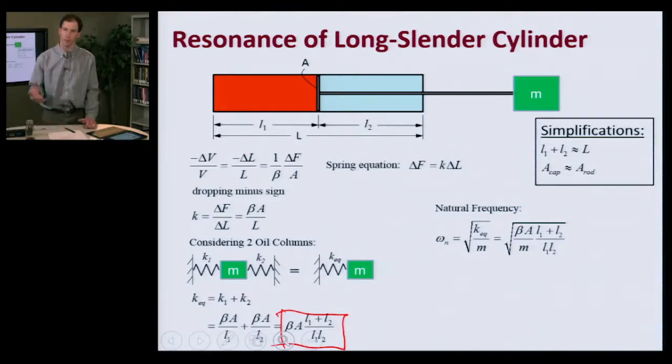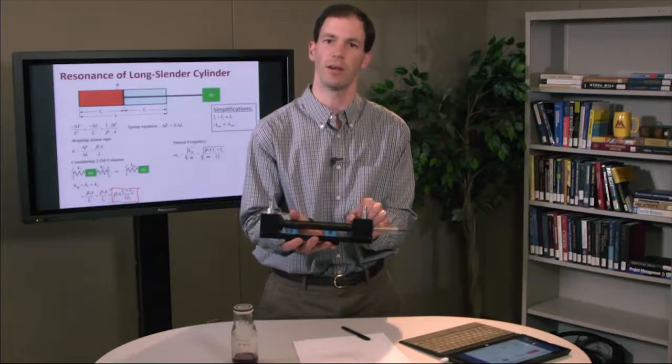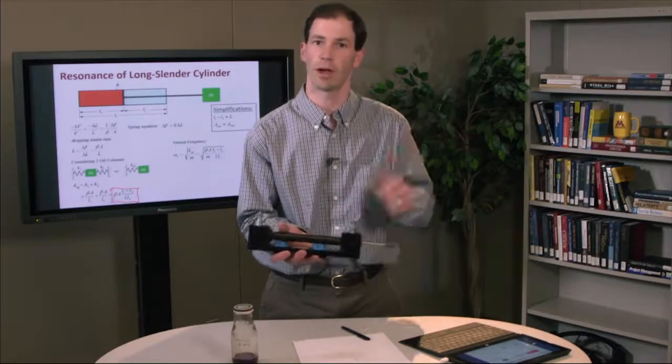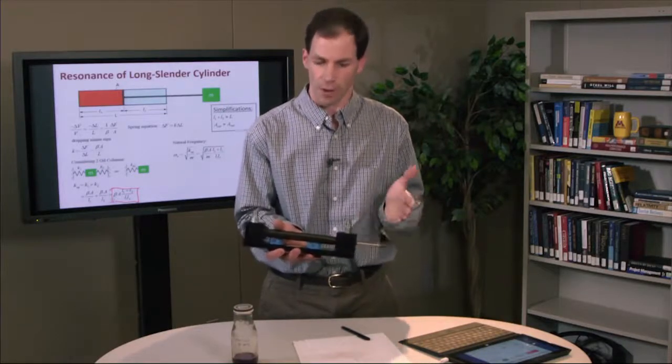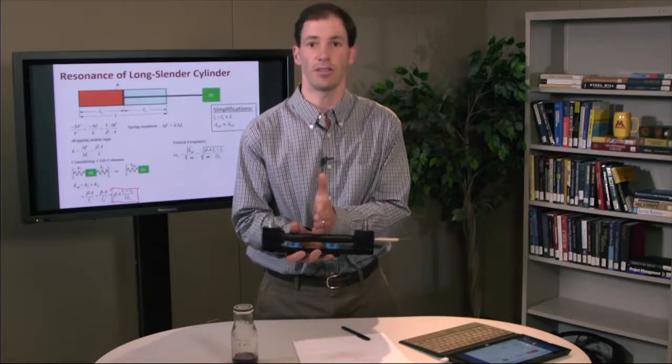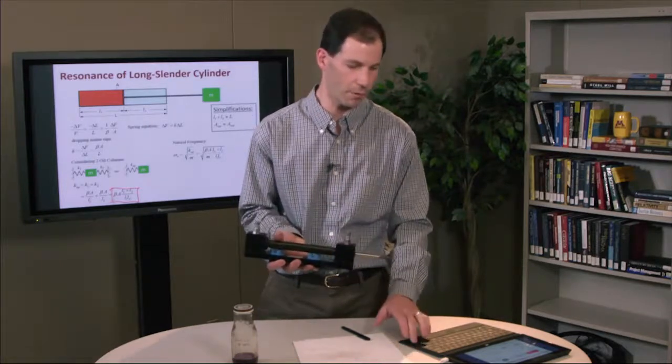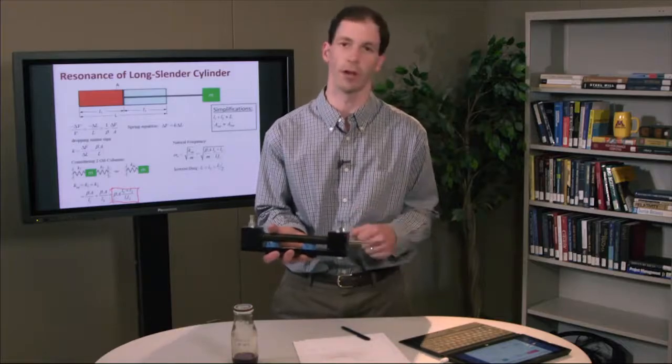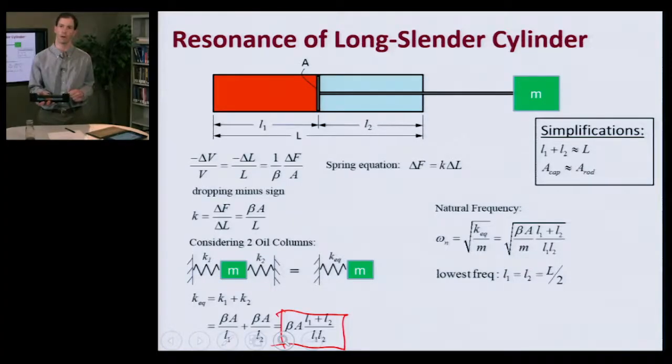So now I have this form for my resonant frequency, and we might say, well, where is it going to be the worst case? Is it going to be all the way at one end? Is it going to be a quarter of the way? Is it going to be centered? Well, recognize if I move the piston to one end, now I have a very stiff spring on one side, and so that drives up my spring rate. But if I end up with the piston hub in the dead center, that happens to be the case where we have the lowest natural frequency, or the worst operation, if you will, when L1 is equal to L2.